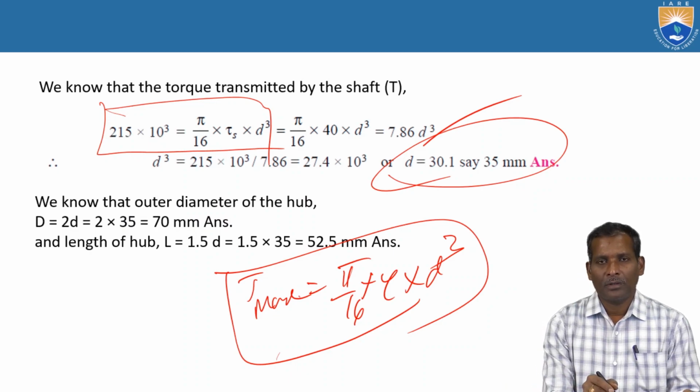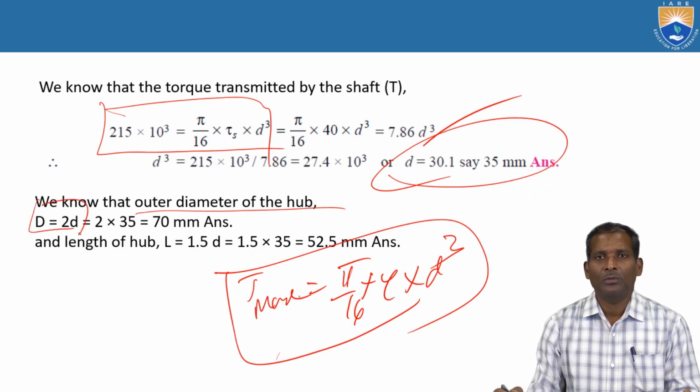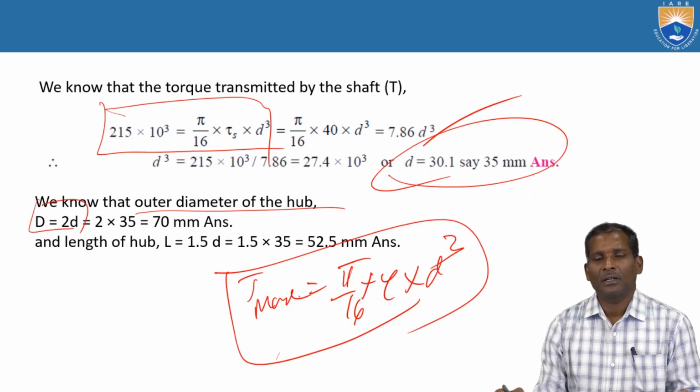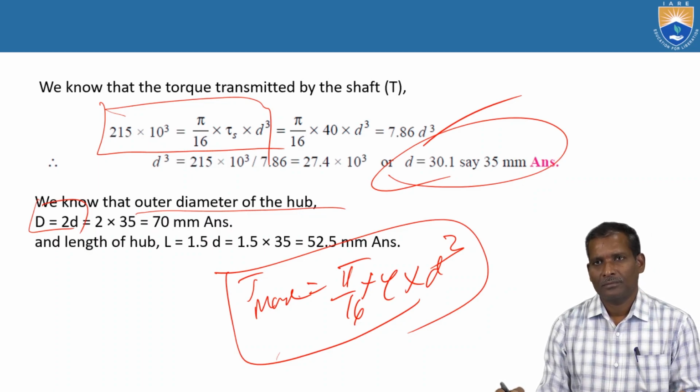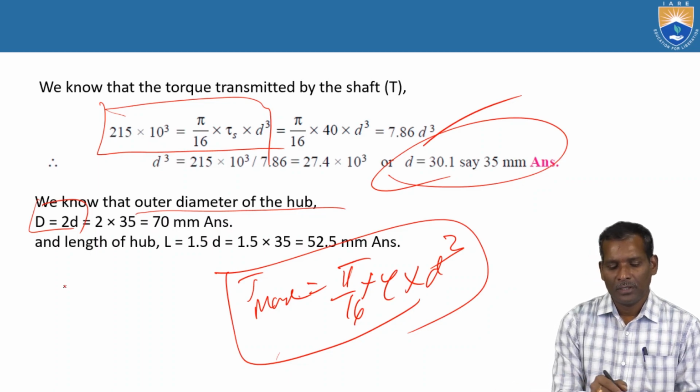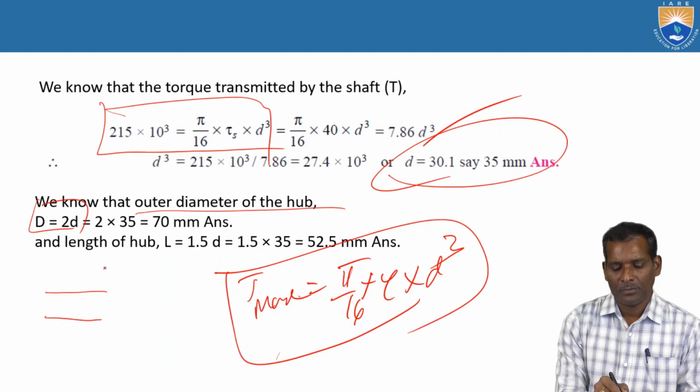So we know that the outer diameter of the hub, D, is equal to 2 times the diameter of the shaft. The shaft diameter obtained is 35. So here, flanges means, so like this.